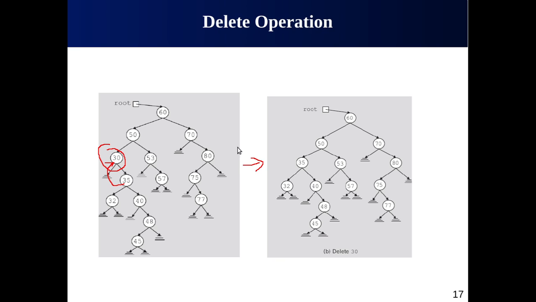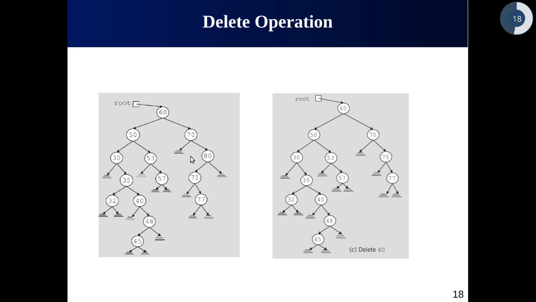Remember case number 3? That is the opposite of case number 2. Here, if we want to delete a node that has a non-empty left subtree, then that will be considered as case number 3. For example, let us delete node 80 from this tree.